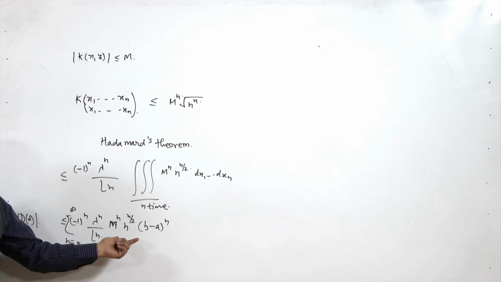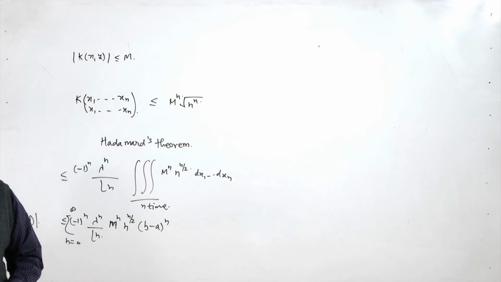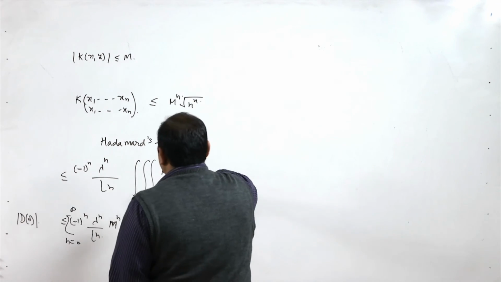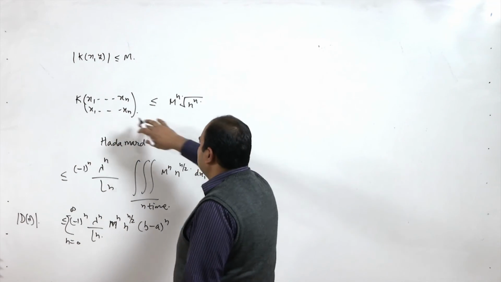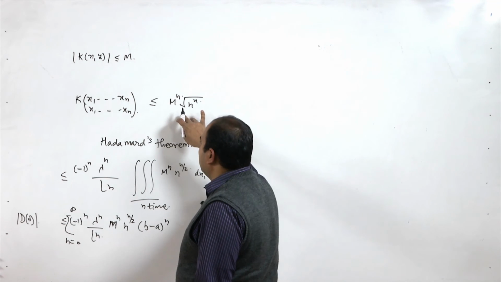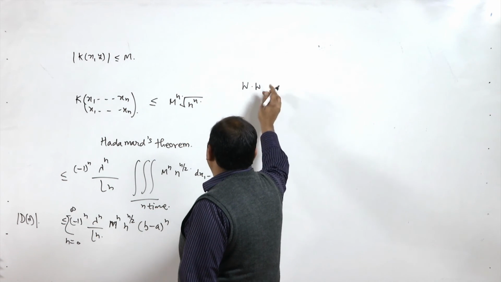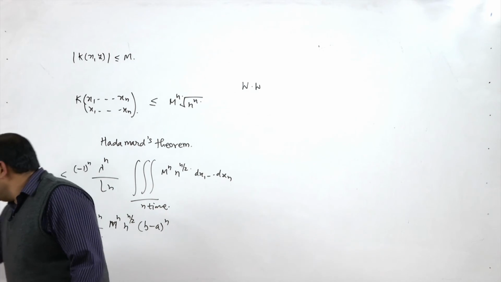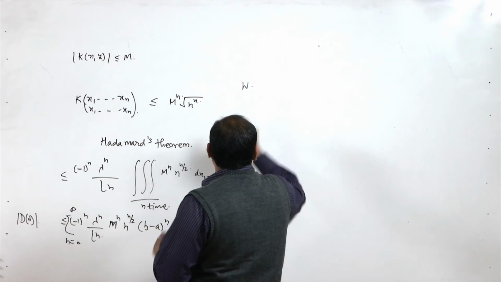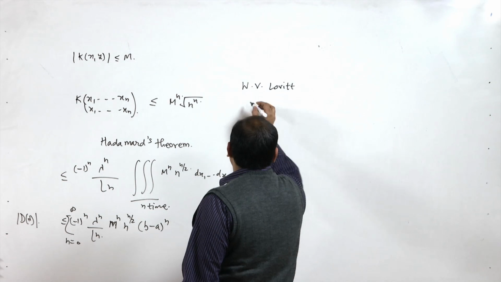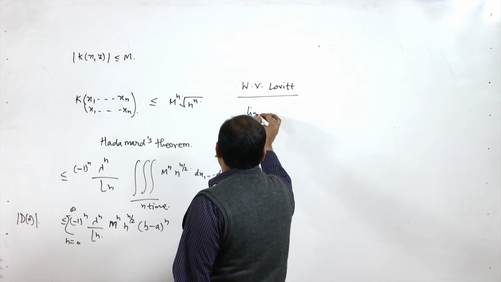To show that it is convergent, you simply apply the ratio test. This procedure, including Hadamard's theorem, is given in a book by W.V. Lovitt, titled Linear Integral Equations.